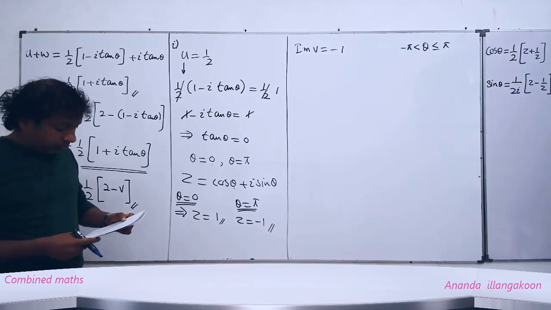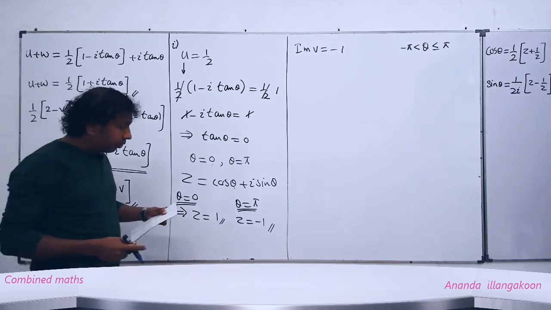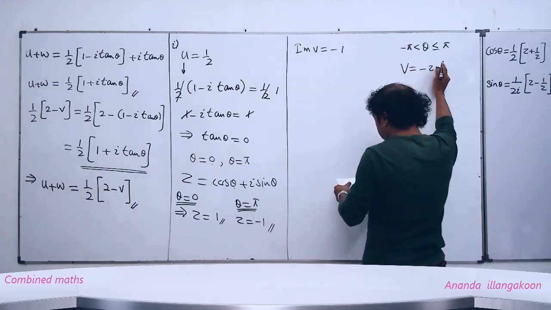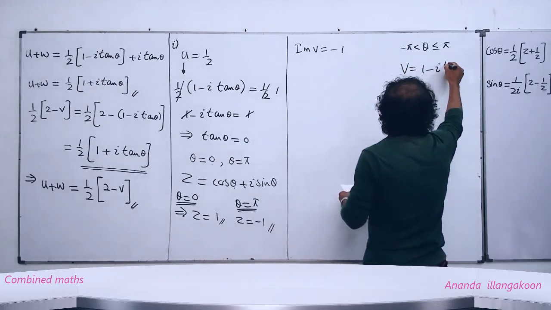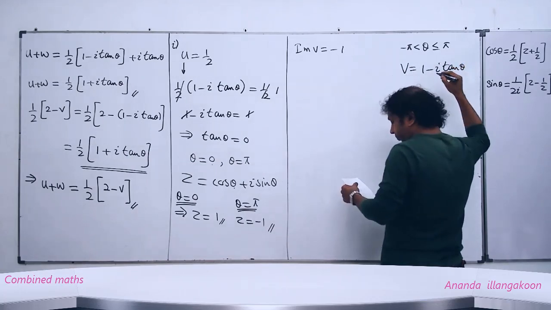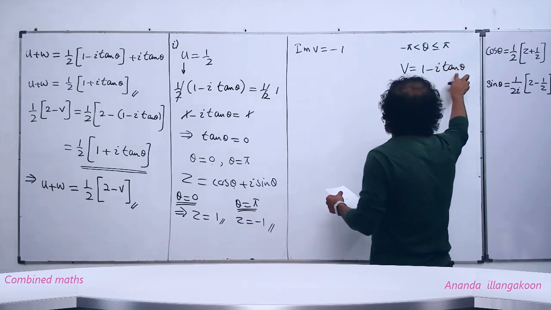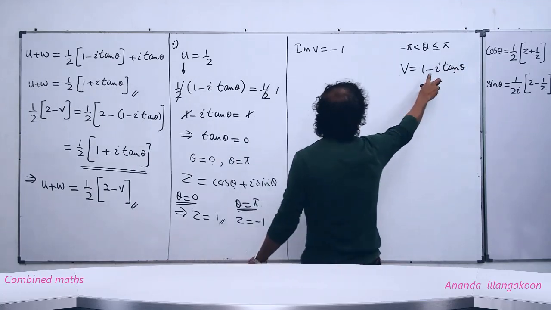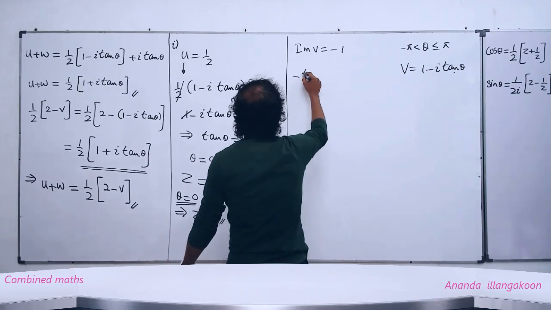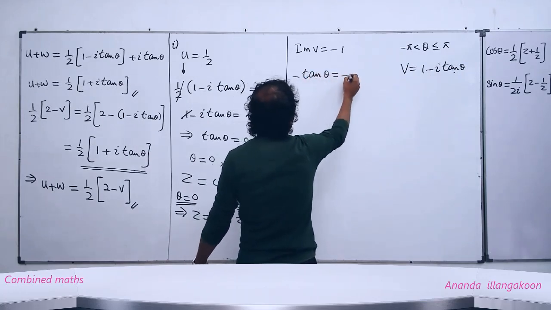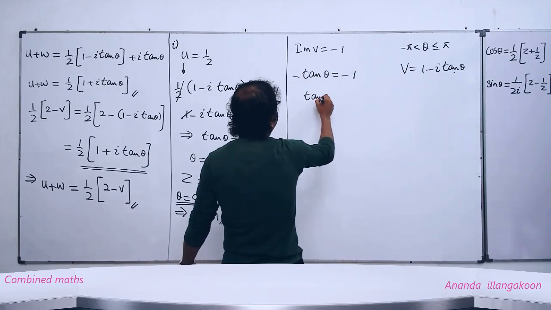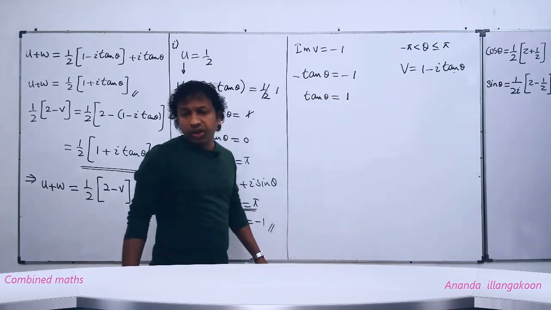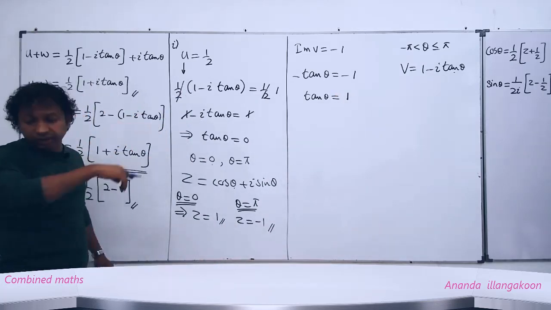V, complex number V, we found to be this way, no? 1 minus i tan theta. Then imaginary part going to be minus tan theta, no? Here, minus tan theta equals minus 1. Then tan theta, people, is 1.